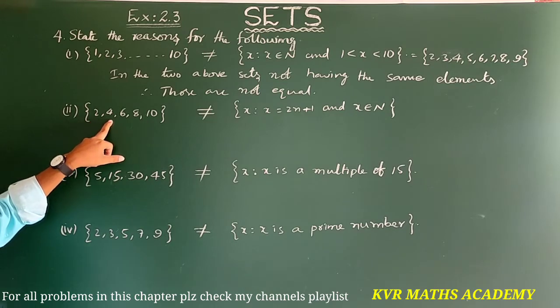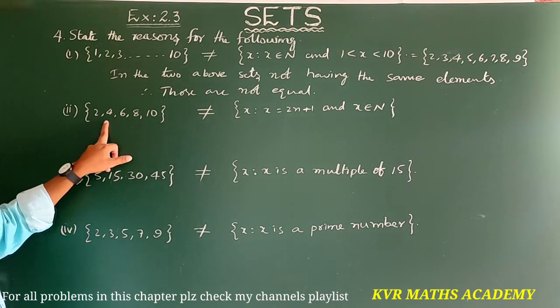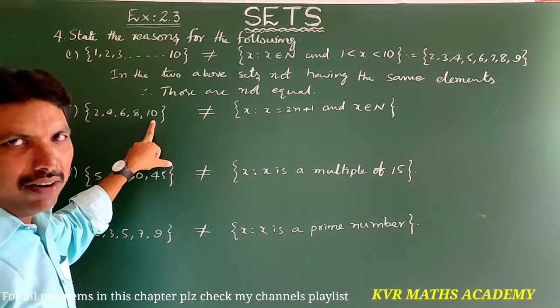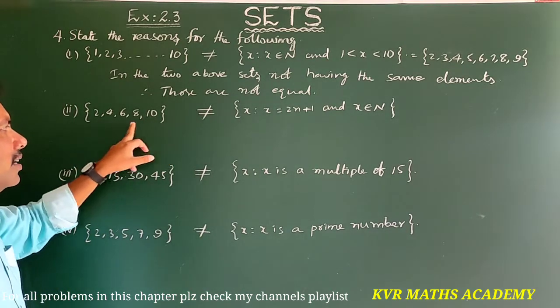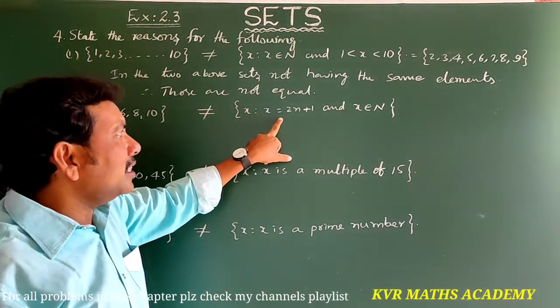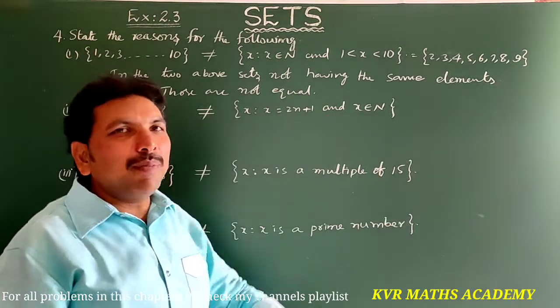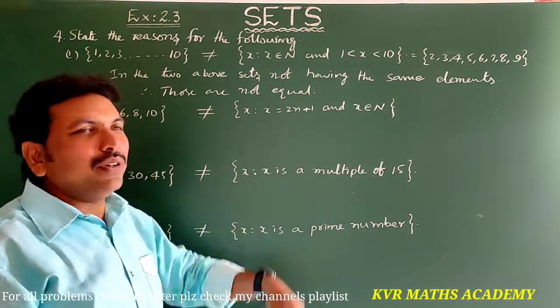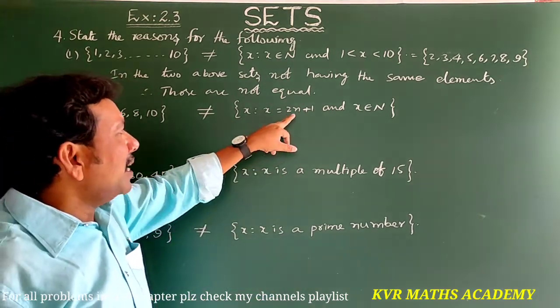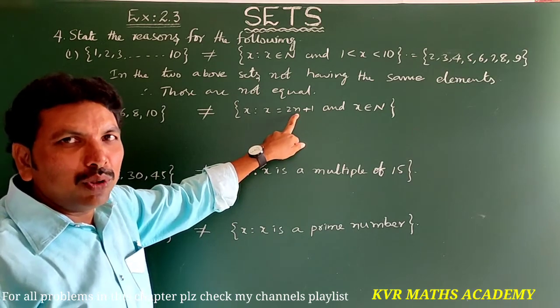Next, coming to the second one. This is the set {2, 4, 6, 8, 10}, the even numbers which are less than 12 or less than or equal to 10. In the second set, {x : x = 2n + 1, x belongs to N}. Here 2n + 1 and x belongs to N means, in the place of n we have to substitute 1, 2, 3, 4.